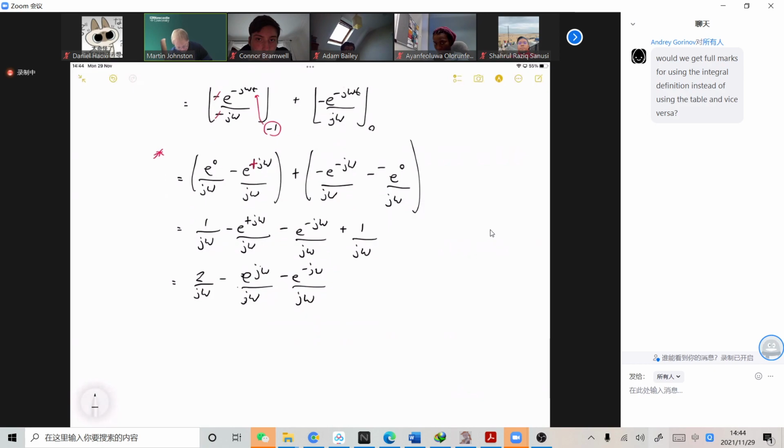And now we can see that this term here looks very much like a sine, because if we use Euler's equation for a sine wave, that is e to the j omega minus e to the minus j omega. So we can see that it looks very similar to that.